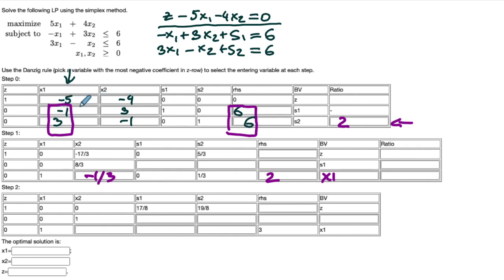So for example, to obtain the new row 0, we are going to take the old row 0, which is given here, and then we'll add it to 5 multiplied by the new row that we just specified here. Multiplying this row by 5, we'll obtain 5 here, negative 5/3 here, 0, 5/3, and 10.